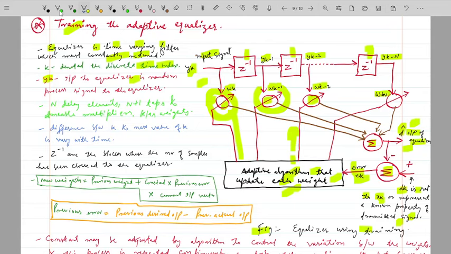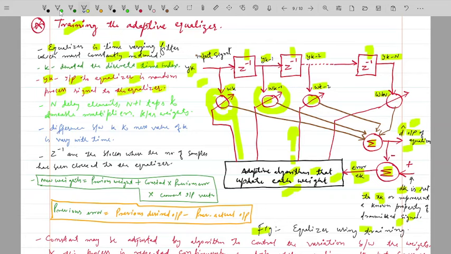It has a lot of noise and random values. The desired signal is transmitted from the transmitter through the channel, and after passing the channel it becomes a random signal, that is y of k. So the input y of k to the equalizer is a random process signal.